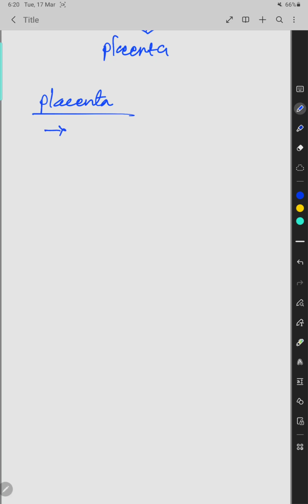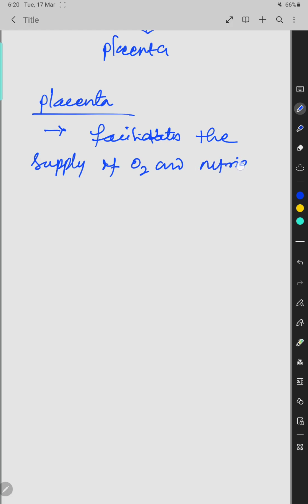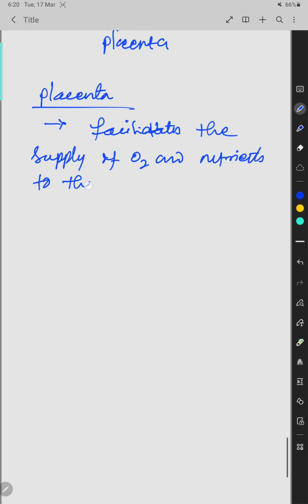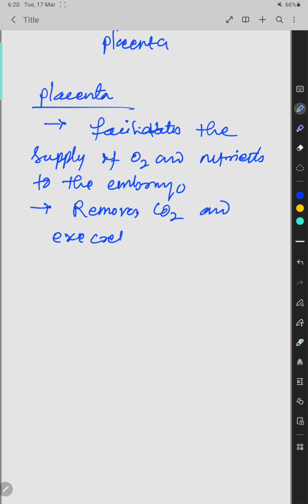Now this placenta facilitates the supply of oxygen and nutrients to the embryo, removes carbon dioxide and excretory materials produced by the embryo.